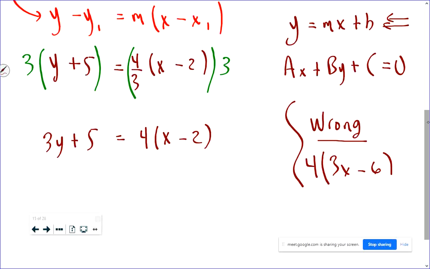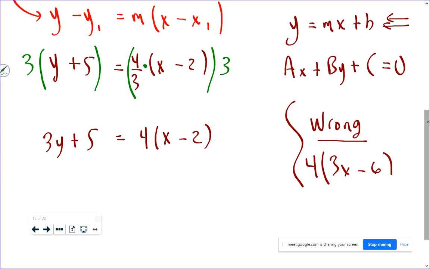Because they think you have to multiply everything by 3. You do. But because there's a multiplication in here, you don't distribute that 3. Do you get my drift here, what I'm saying?